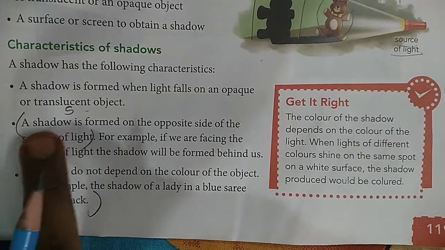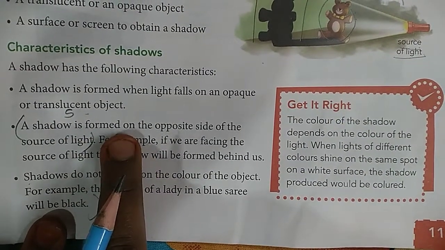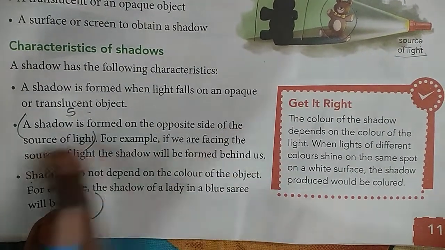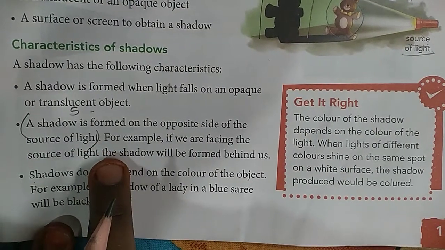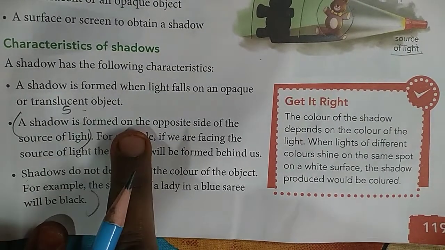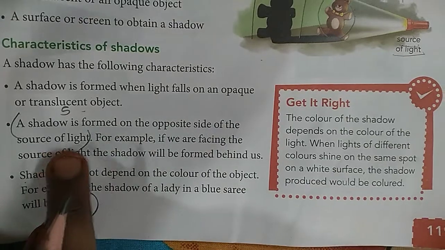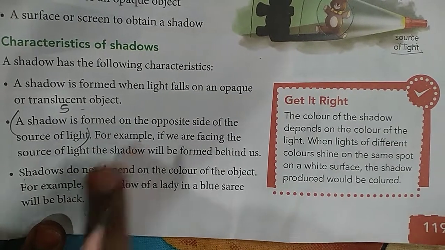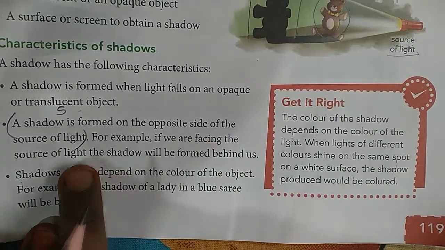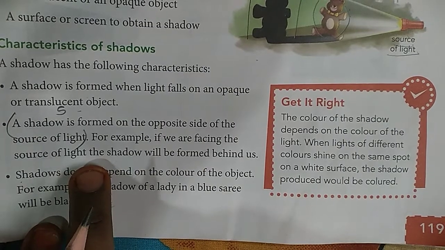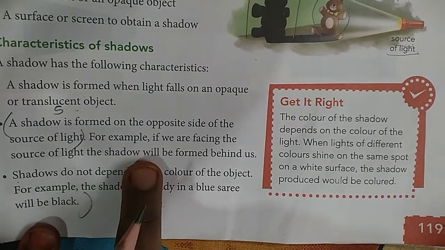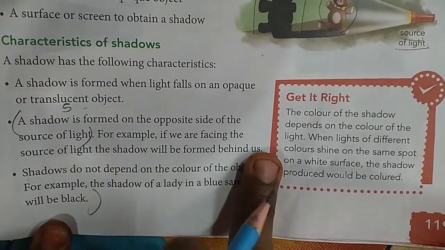Next, a shadow is formed on the opposite side of the source of light. For example, if you are facing the source of light, where will the shadow be? It will be formed behind us.